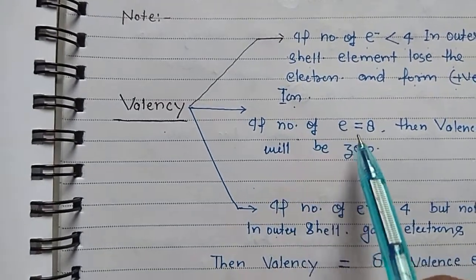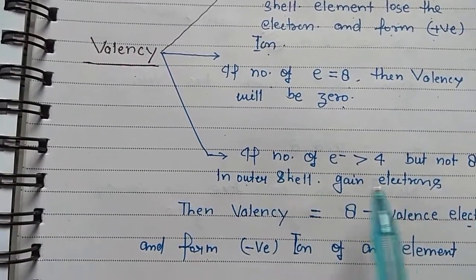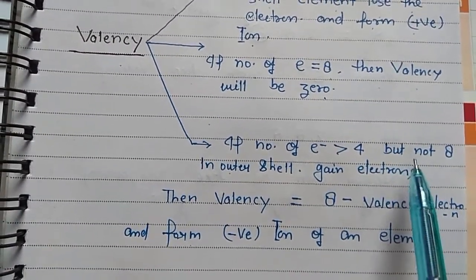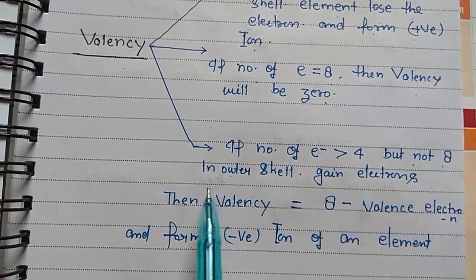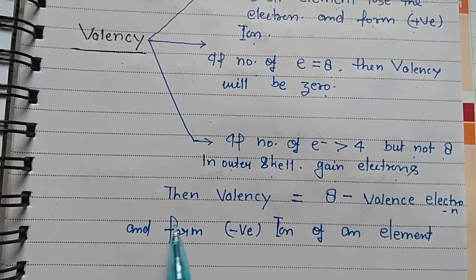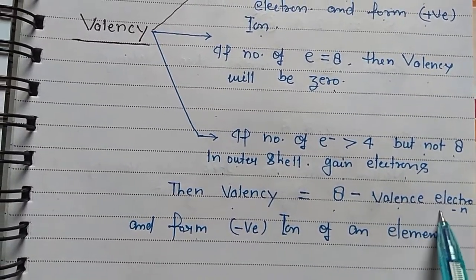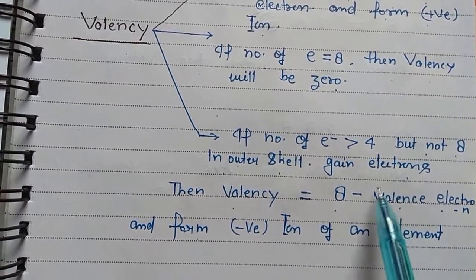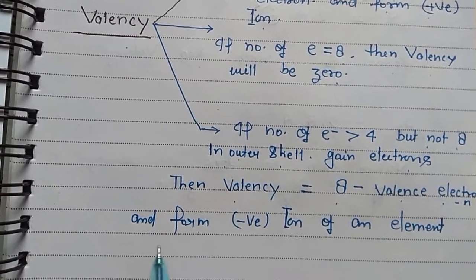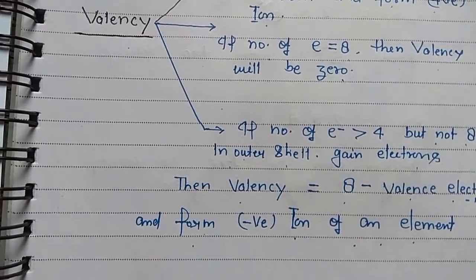If the number of electrons is equal to 8, then valency will be 0. If the number of electrons is greater than 4 but not equal to 8 in the outermost cell, then it gains electrons, and valency is equal to 8 minus valence electrons, that means outermost electrons, and forms a negative ion of the element.